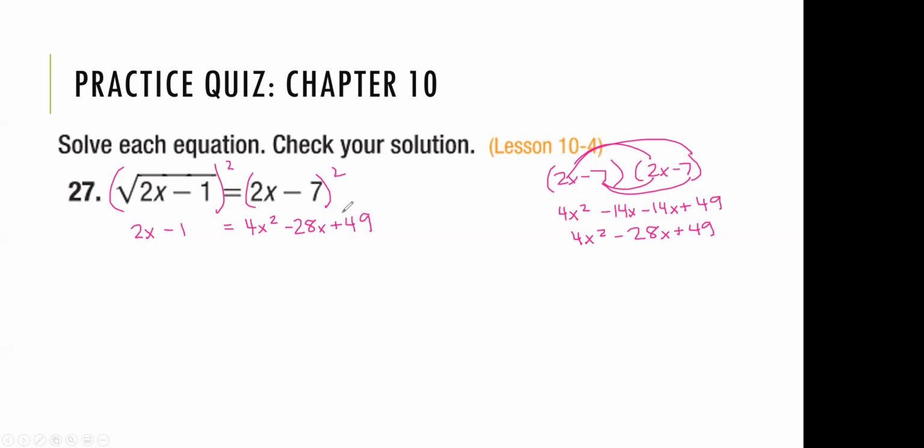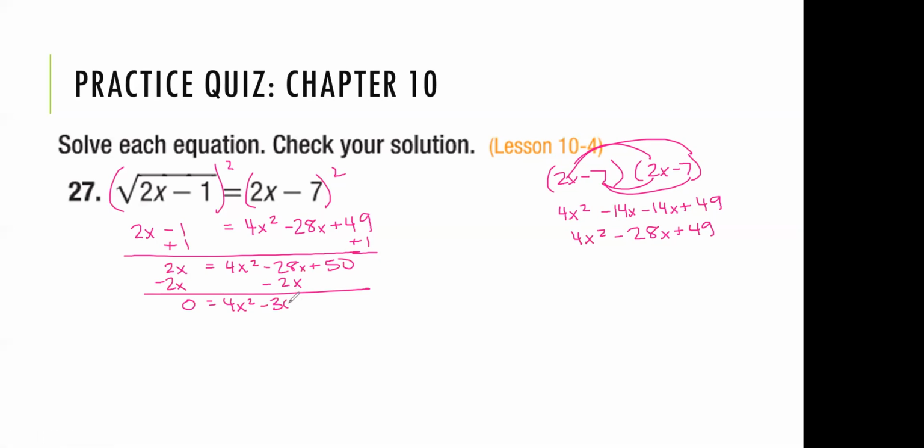Then I'm going to add 1 to both sides, and I've got 2x equals 4x squared minus 28x plus 50, and then I'm going to subtract 2x from both sides. Then I've got 0 equals 4x squared minus 30x plus 50.